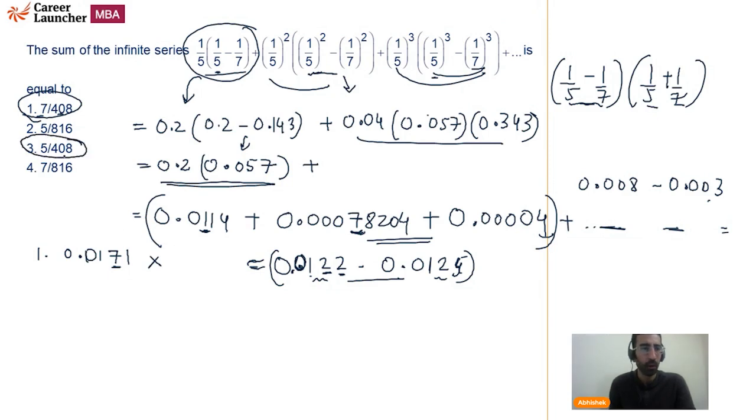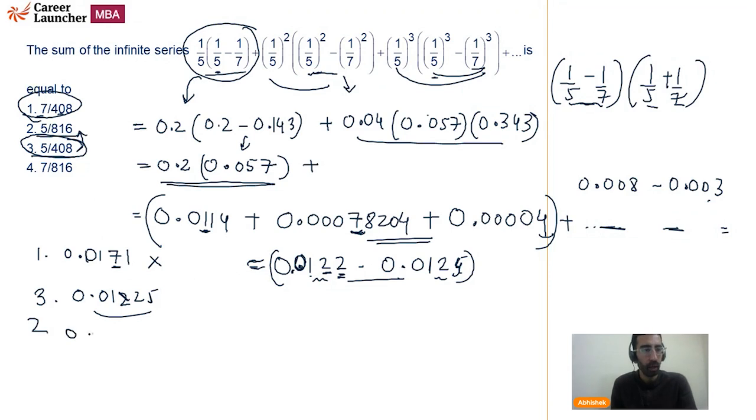The next highest is 5/408. Now 5/408, option 3, comes out to be 0.01225 something. Now that's still possible. In fact, 0.0122 we had, so 0.01225 is okay. This should likely be the answer, because 5/816 is half of this, right?